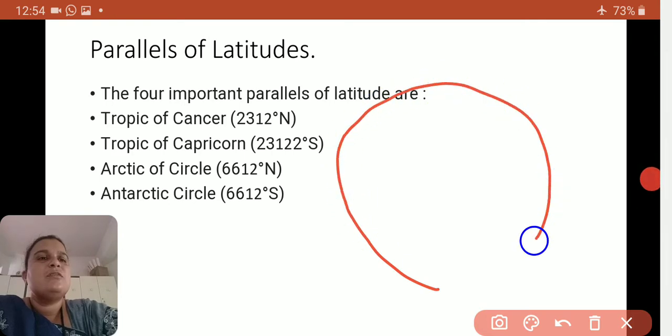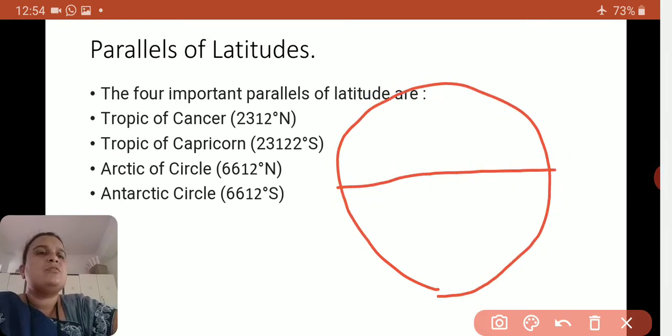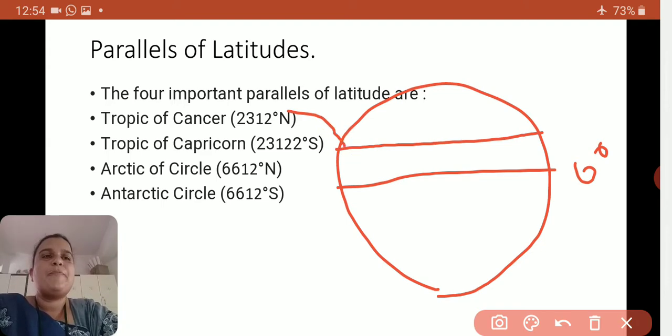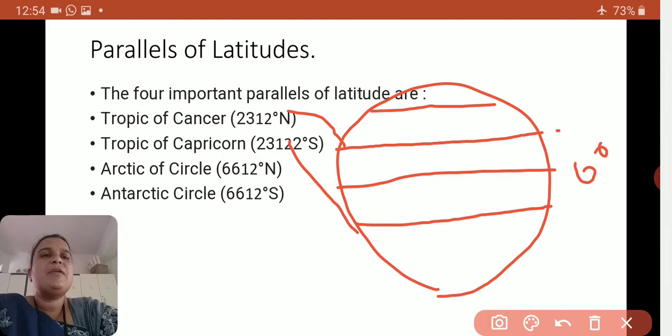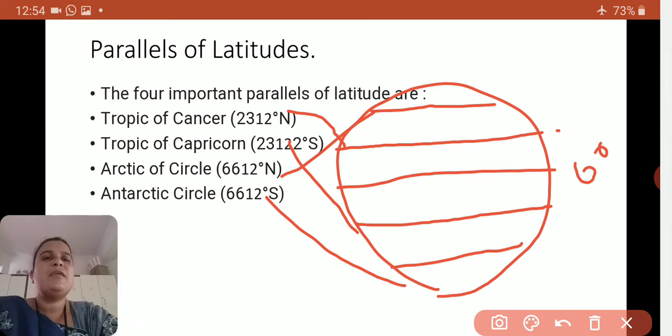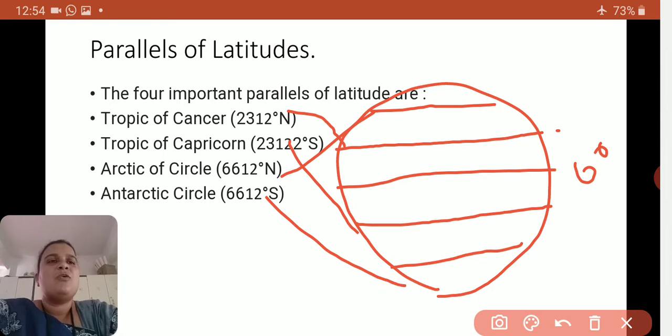Now see here, this is planet Earth, this 0 degree means equator, then here 23.5 degree north, Tropic of Cancer, and 23.5 degrees south, that is Tropic of Capricorn. Then Arctic Circle 66.5 degree north, and Antarctic Circle 66.5 degree south. So these are four imaginary lines, four important parallels of latitudes.